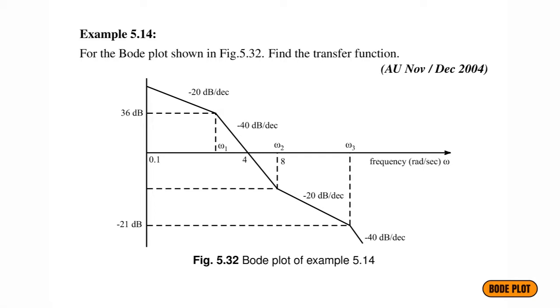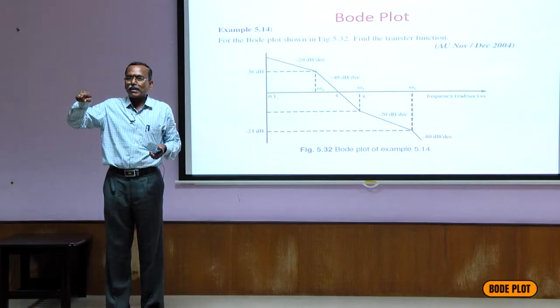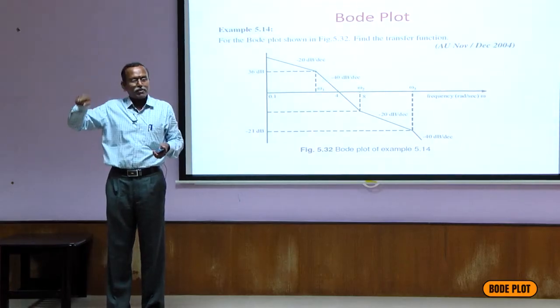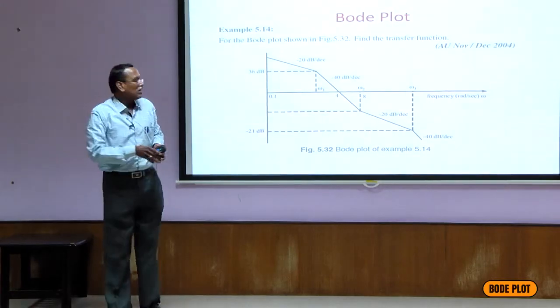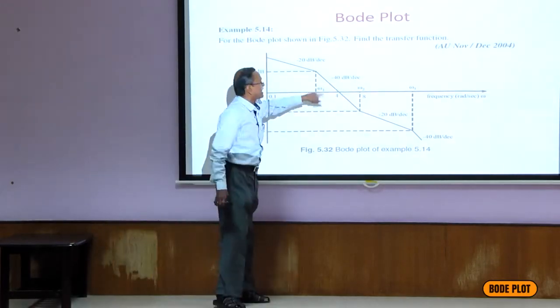Here the magnitude is given as 36, but the x coordinate is not given. Here the x coordinate is given, so we can find it with that formula. Already we have seen one formula: y2 equal to net slope multiplied by log of omega 2 by omega 1 plus y1. Substituting in the formula, omega 1 can be found.